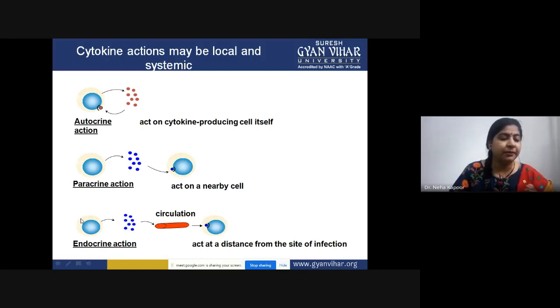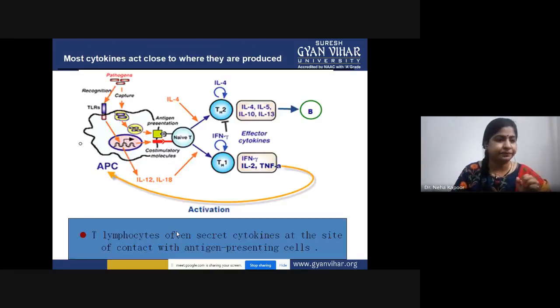Then is endocrine. Endocrine means this cell has released cytokines. These cytokines will enter the circulation, and they are produced at one site, but with the help of the circulatory system, they migrate to a very distant site to act. Such kind of action is known as endocrine.